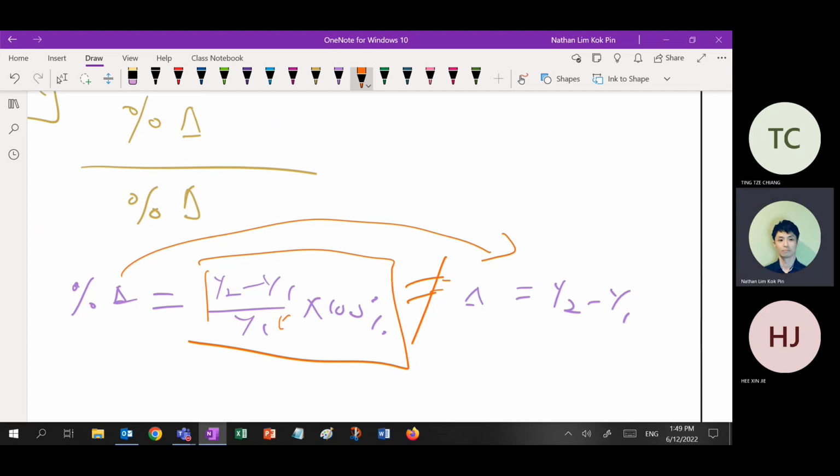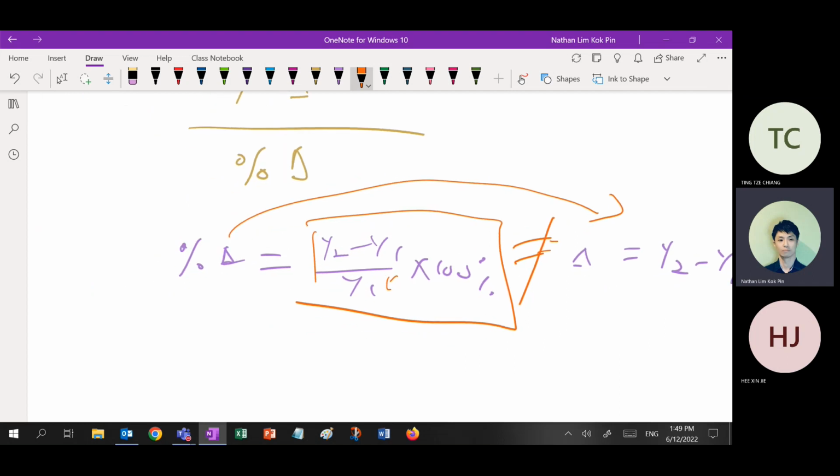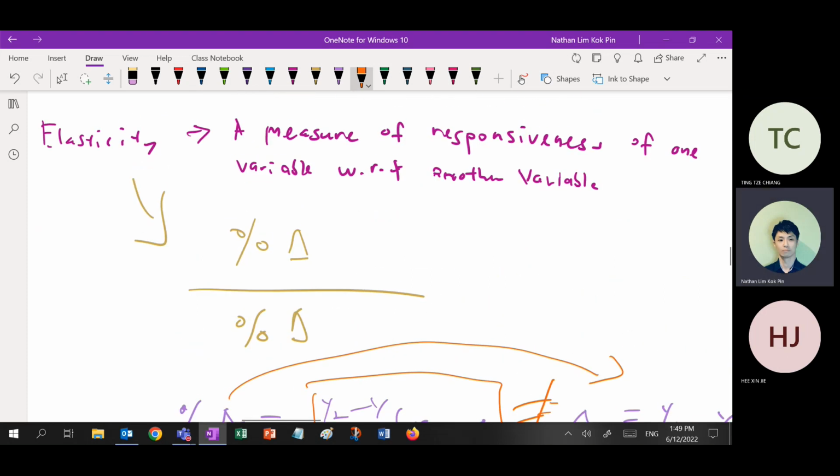Make sure when you do elasticity, you remember to divide by the denominator, the original value. New minus old over old times 100%. Then only you check what they want to ask. Is it PED? Is it SED? Is it YED? Is it PS? Then only plug into your formula.